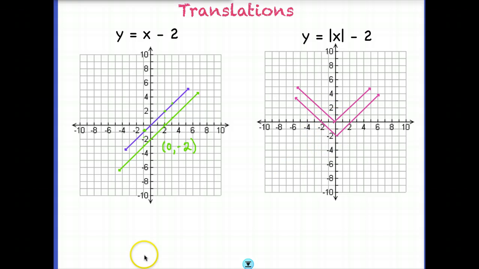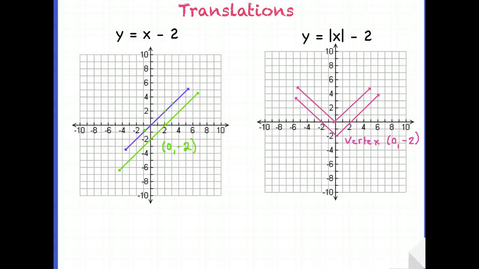The only difference is that the vertex is now moved down from 0, 0 to 0, -2. Okay. So very easy to graph. Remember, our slope is just always up 1 over 1, up 1 over 1. There is no slope other than 1 over 1. So no change to the slope. It's just up 1 over 1.